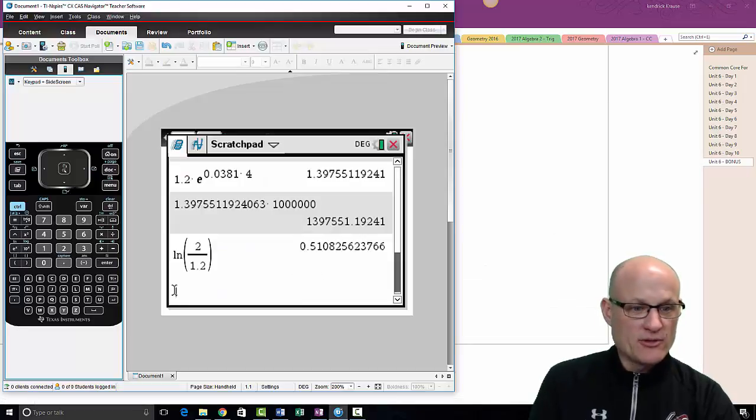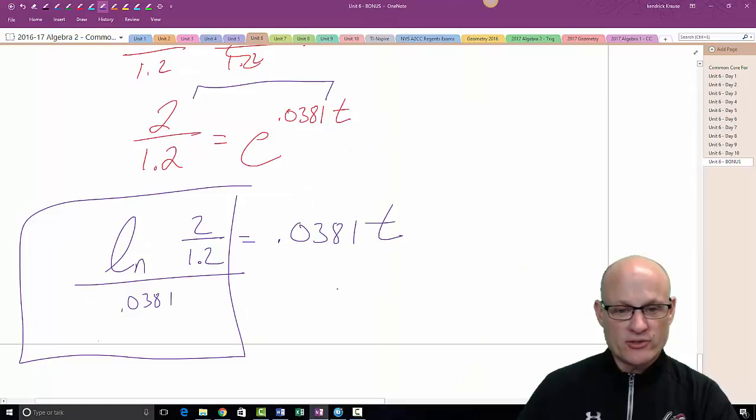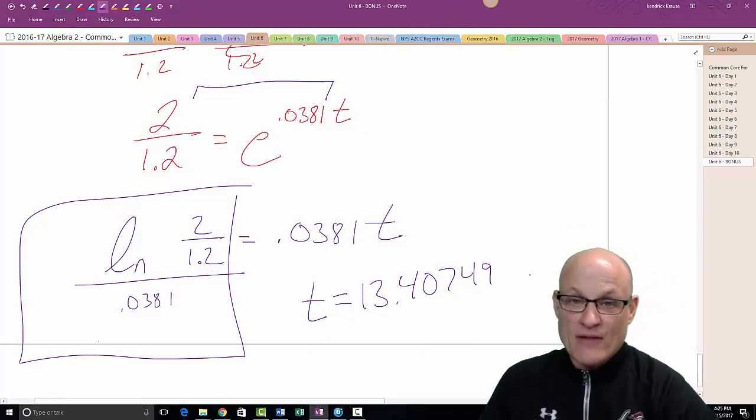So that's what I'm going to do now, divided by 0.0381. Enter. 13.407. So t equals 13.40749. So I got to figure out, did they ask me to round the number of years?